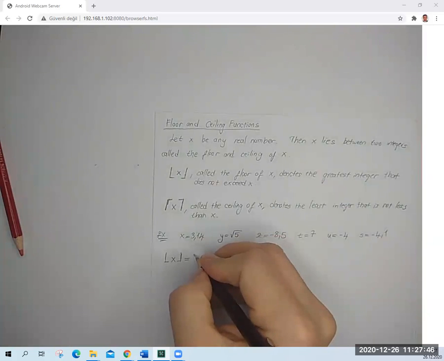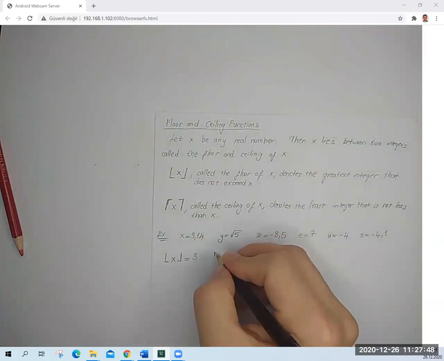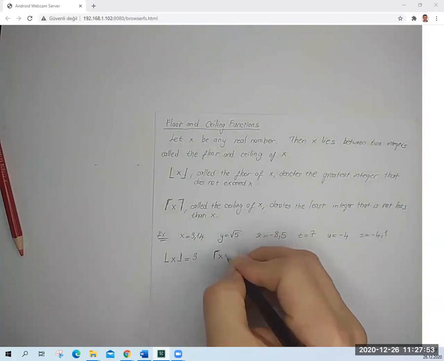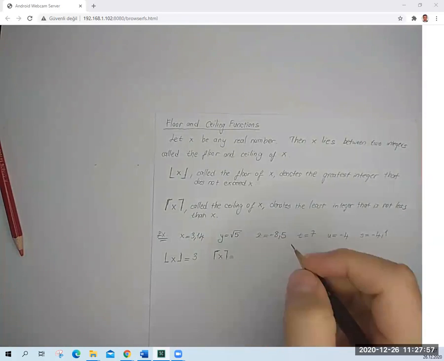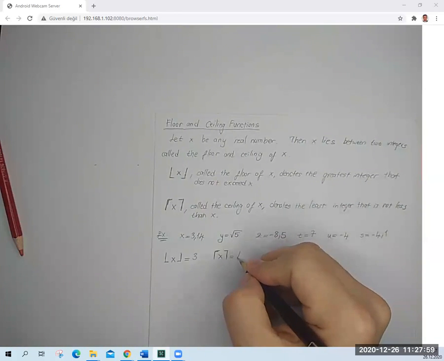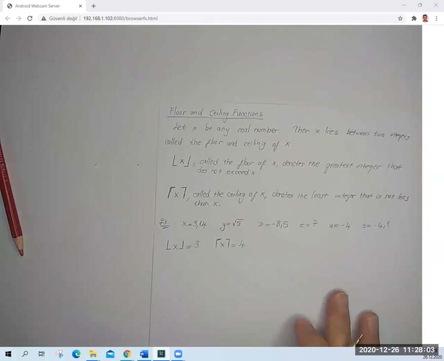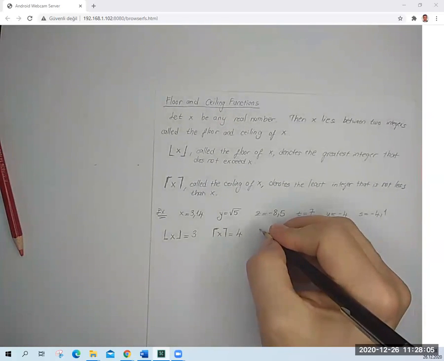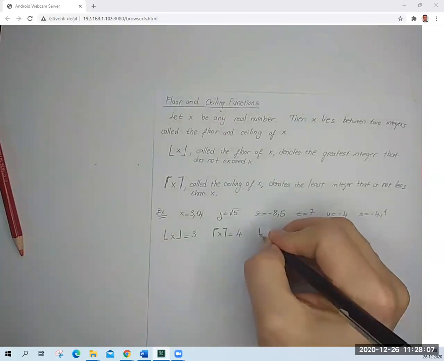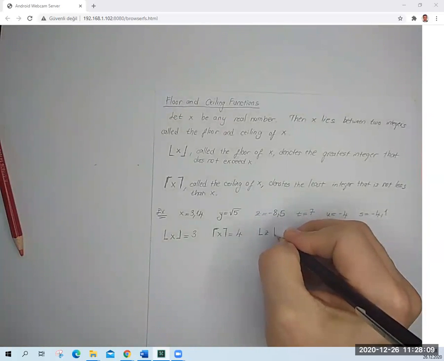Yes, this is the tree. If I put it like that as a ceiling of x, it is equal to 4, right? And how about that?